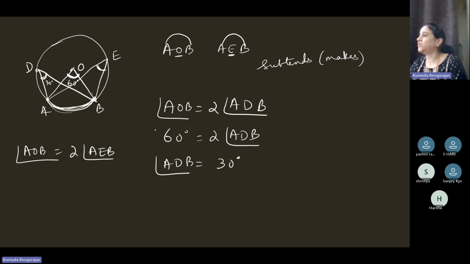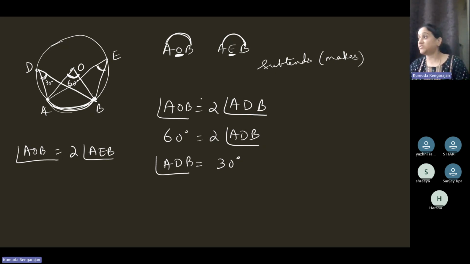So from the name itself, you can make out if the angles are made by the same arc or different arcs. AOB is the angle made by arc AB at the point O, that is at the center. And AEB is the angle made by the same arc AB at the point E on the circumference.